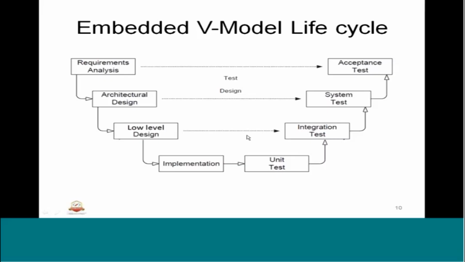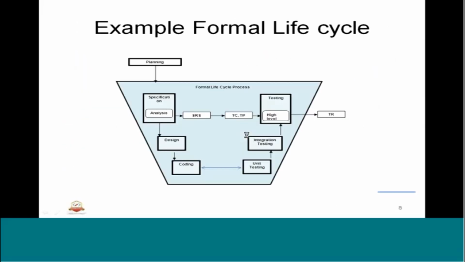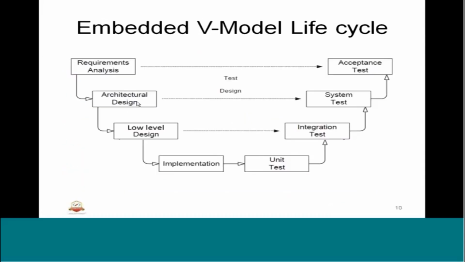So a cut down version of this is being used here in the example formal life cycle. Here cut down is something like I had put as one block for design, which will be used for integration testing, and there is no system testing. So the same system testing is used here from an architecture point of view.